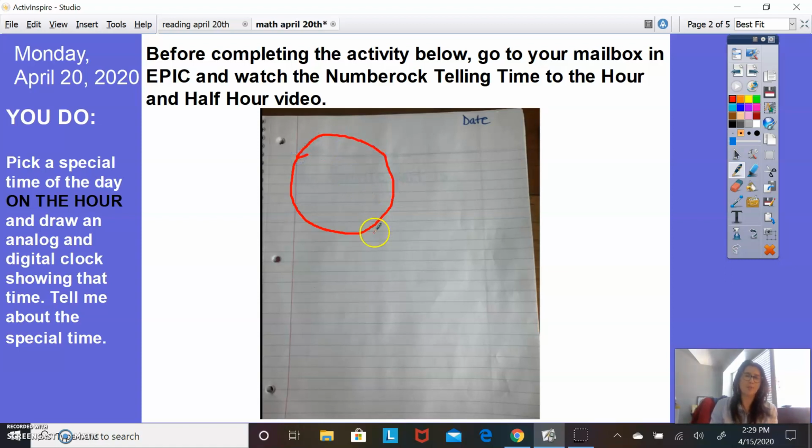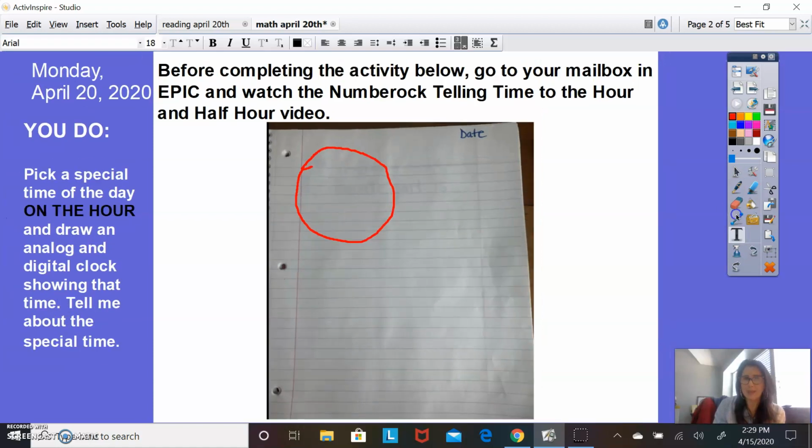Okay, so then that's my analog clock. Now I need to write my numbers. I'm not going to do it all here for now, but I'll just show you what this might look like.